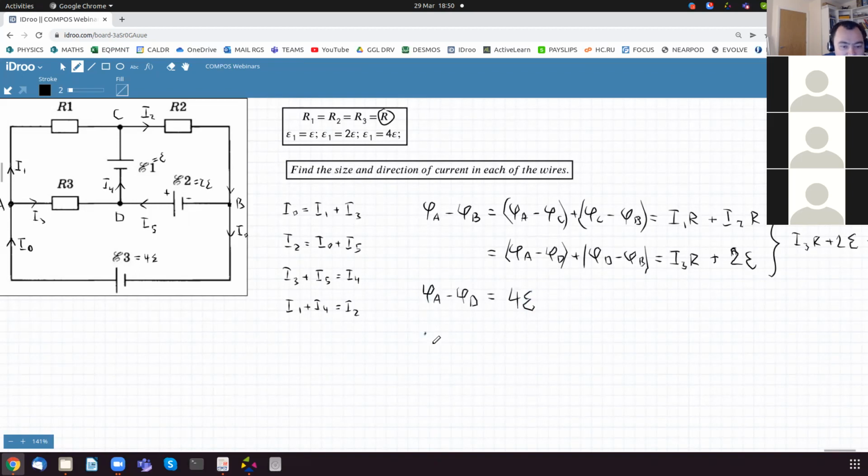And I can also say that phi A minus phi B, and let's do the difficult route, is phi A minus phi D plus phi D minus phi C plus phi C minus phi B. So now we have 3.